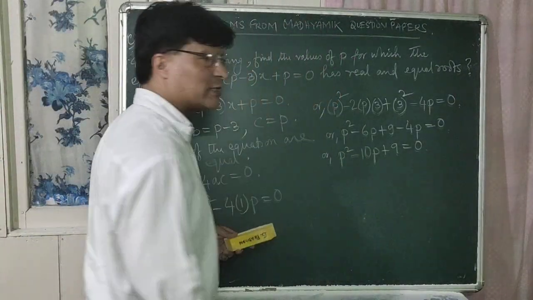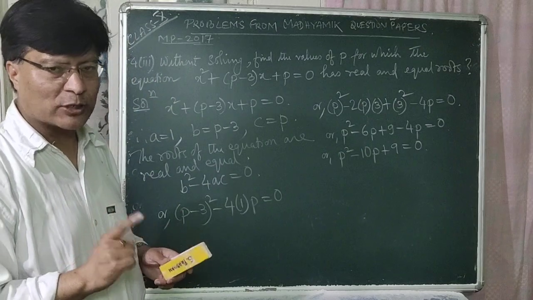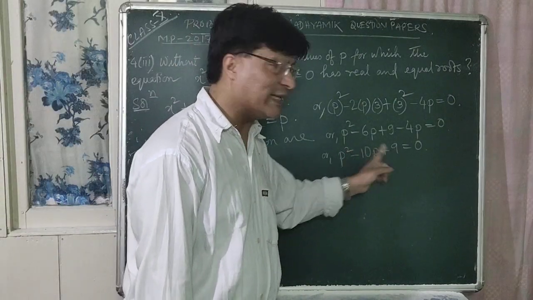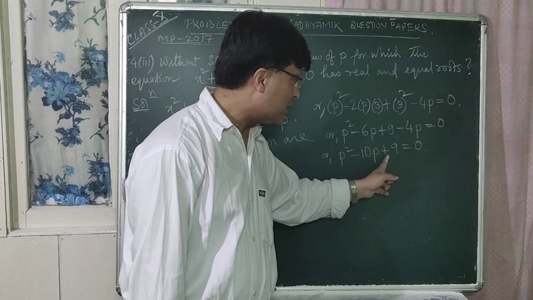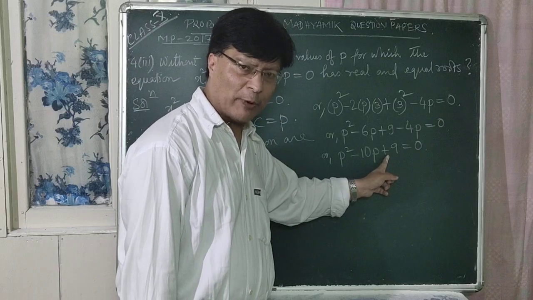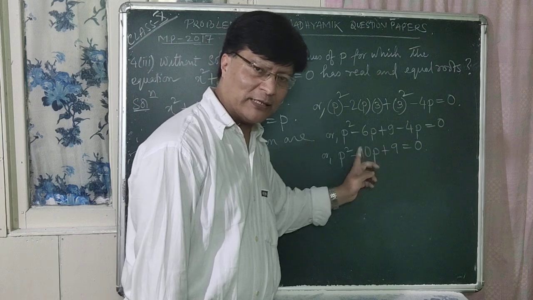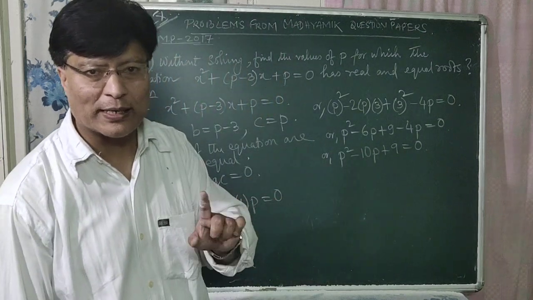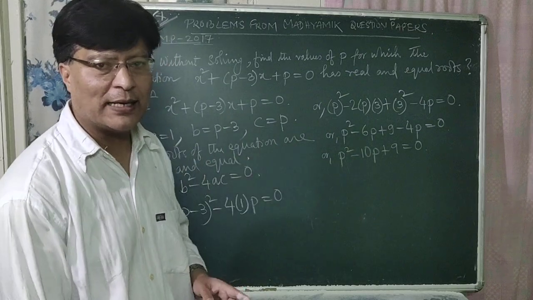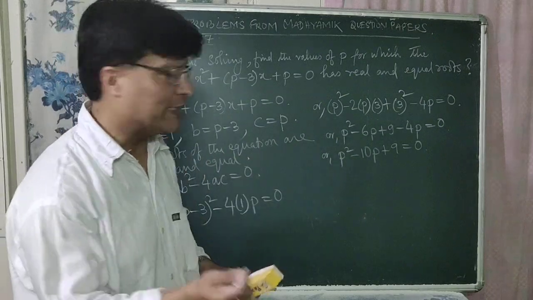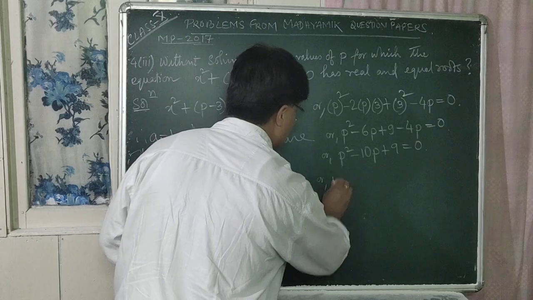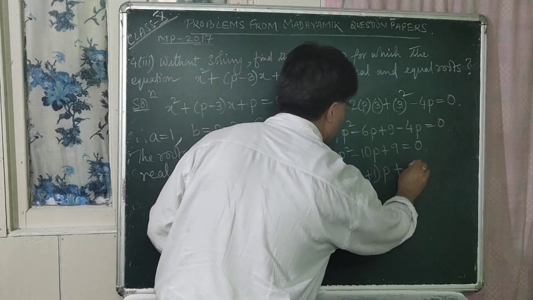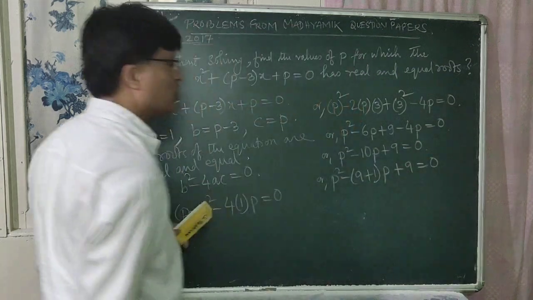You have to break this 10 in such a way that if you multiply the two numbers, you should get 9, and after adding, since this is positive here, you should get 10. That means 9 plus 1 is 10, and 9 ones are 9. Or p square minus within bracket 9 plus 1 into p plus 9 is equal to 0.